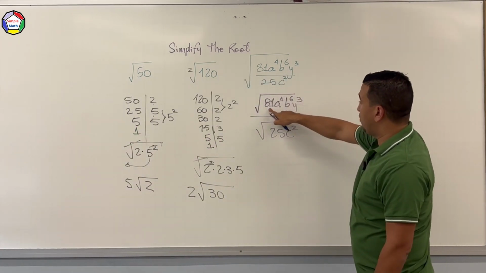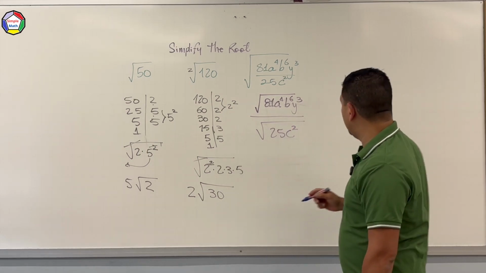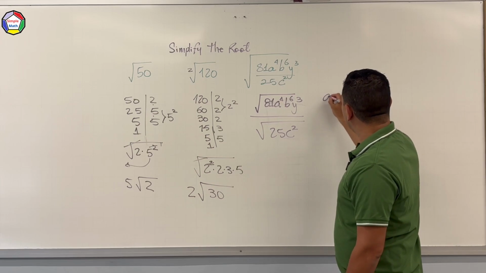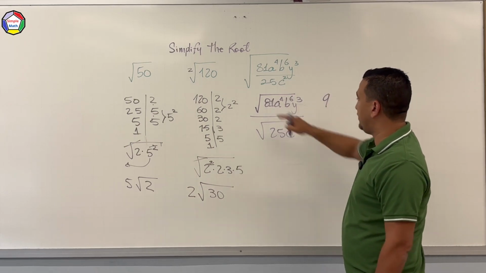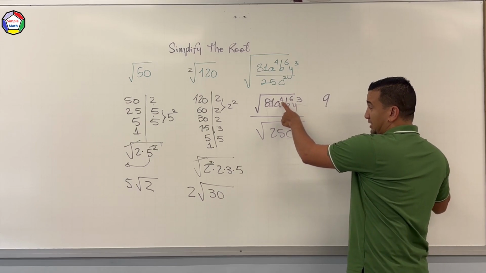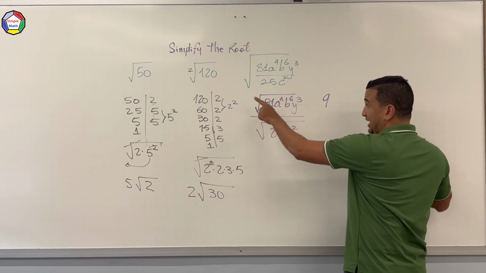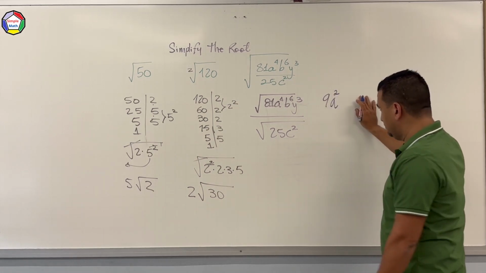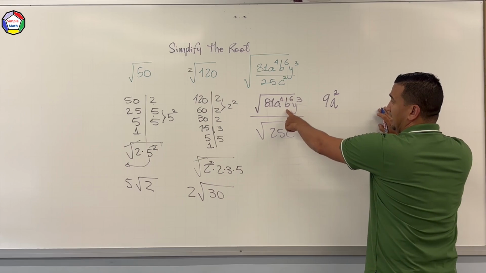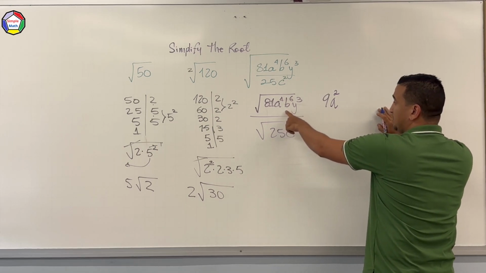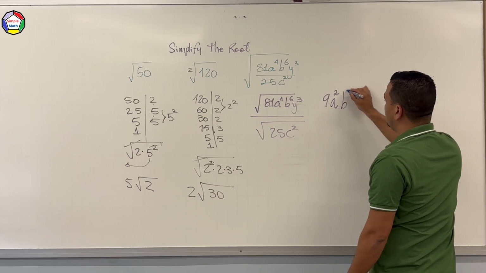What happened with 81? The square root of 81 is 9, so we can take that out. The square root of a exponent 4 is a exponent 2. The square root of b exponent 6 is b exponent 3, or b cubed.